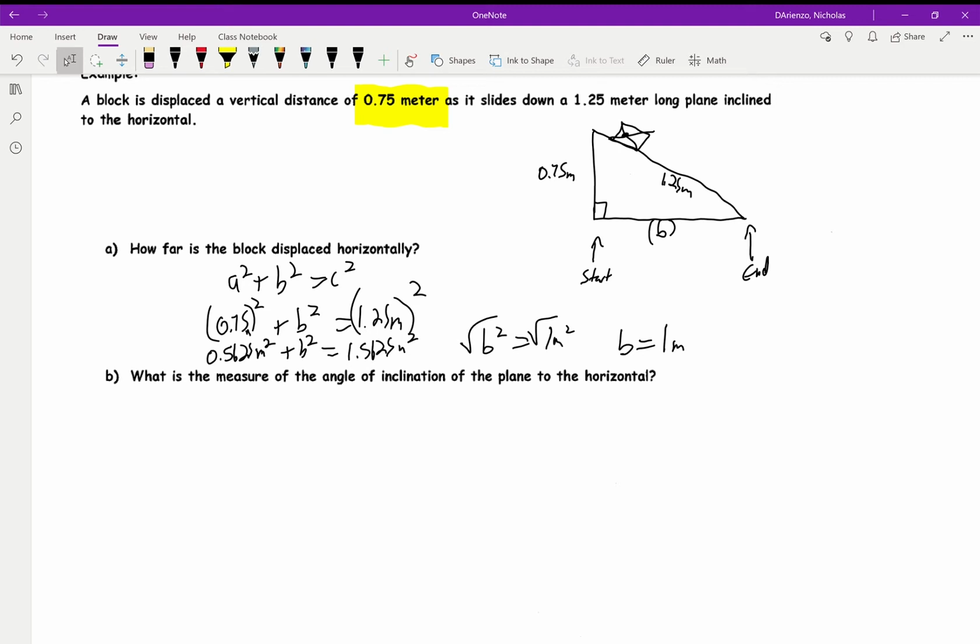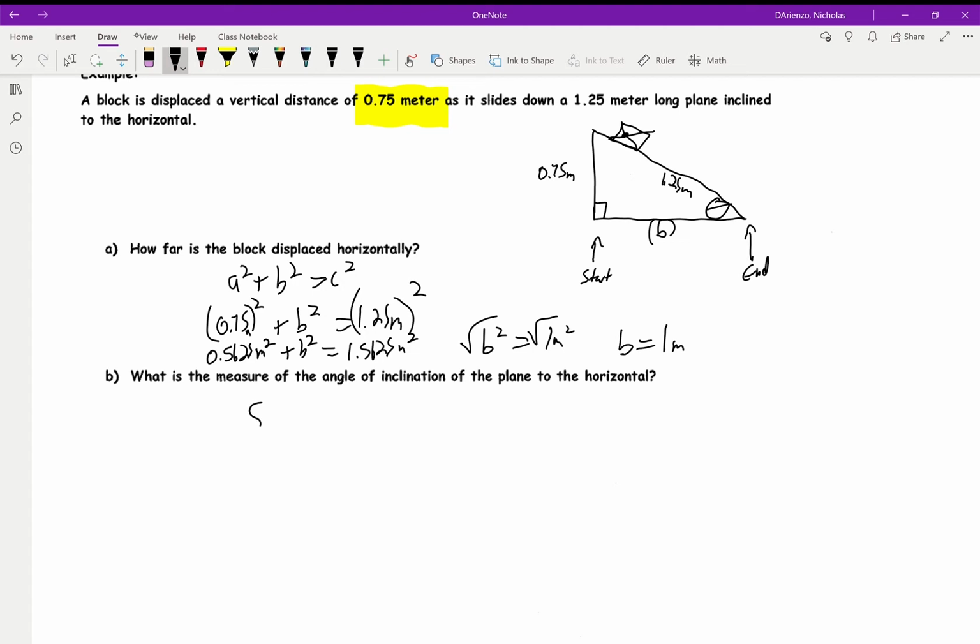What is the measure of the angle of inclination of the plane to the horizontal? So we're going to look at the angle of the ramp here compared to the horizontal. So there's our theta. We can use several different relationships here to compare the ratio of sides to the angle.